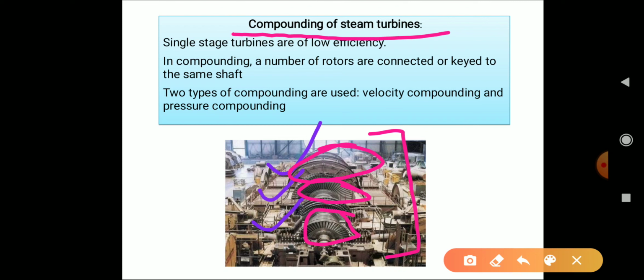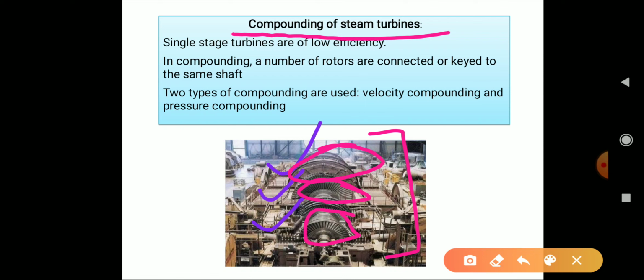And what has led to the compounding of steam turbines? Single stage turbines are of low efficiency. The whole thermal power plant has a high operating cost because of coal, so we are not going to allow this low efficiency to further affect the end product.